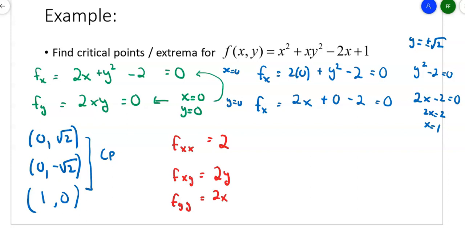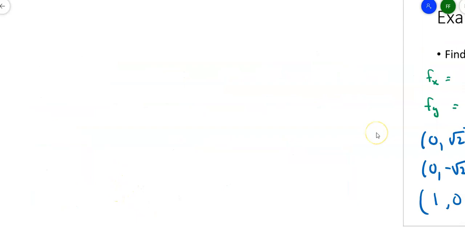All right, so if I want a generic Hessian matrix for this problem, I'll get a 2, I'll get a 2y on the top and bottom corners, and I'll get a 2x over there. Now I need to throw in some values. Let's try this first for 1, 0.